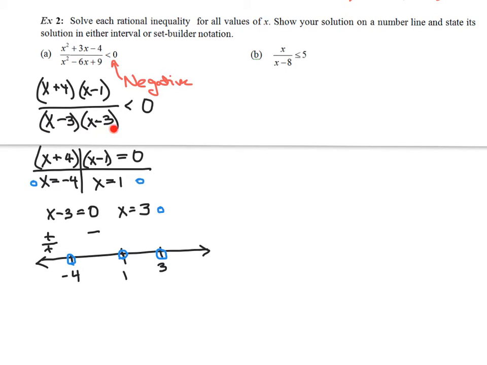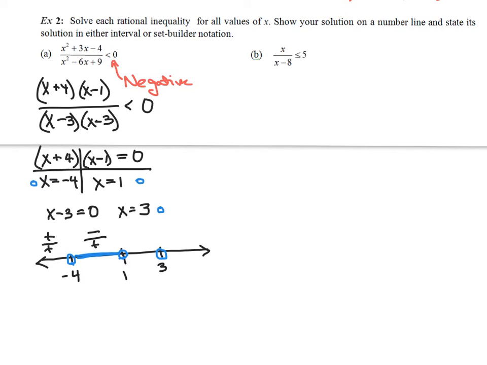Now let's put 0 into the denominator. 0 minus 3, negative. 0 minus 3, negative. Negative times negative is positive. This time, negative numerator, positive denominator does give me a negative value for my rational expression.